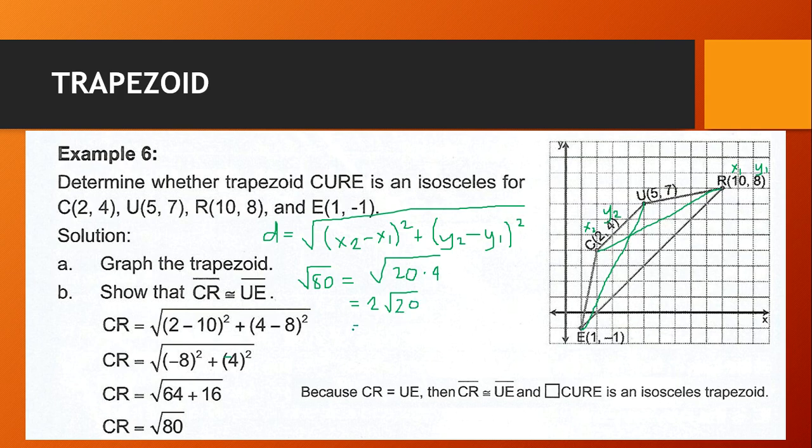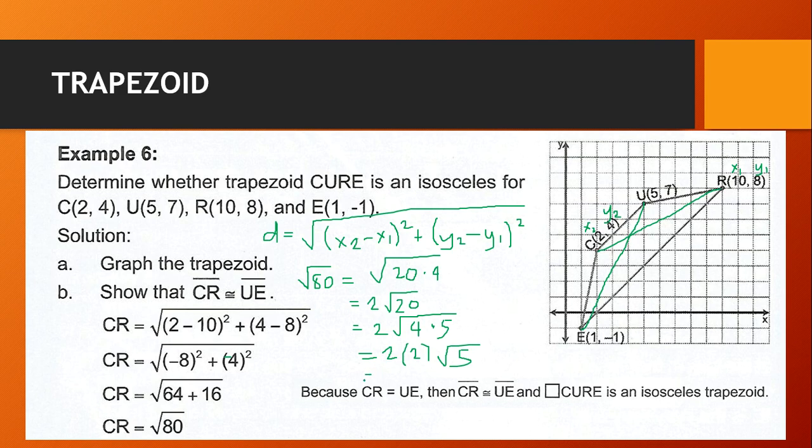The factors of 20 are 4 and 5. The square root of 4 is 2, so 2 times 2 comes out, and what remains under the square root sign is the 5.